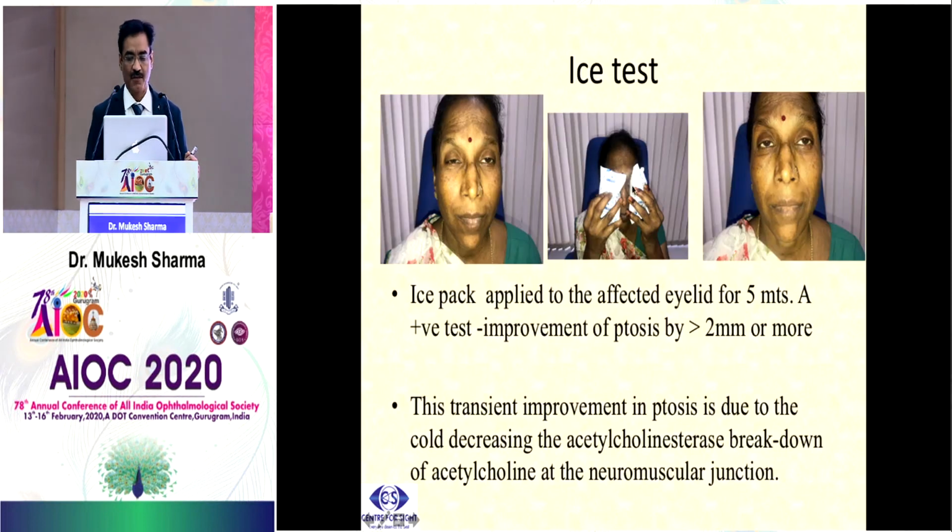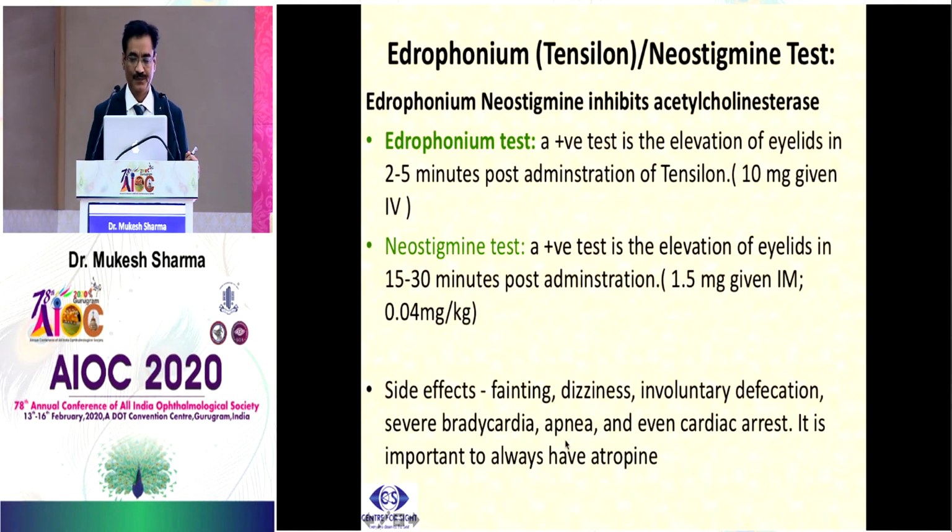Ice test is a very simple test. You apply ice packs and check the lid lift after say 5 minutes or so. And in myasthenia, you will have improvement in ptosis after applying ice packs. This is because the breakdown of acetylcholine by acetylcholinesterase decreases because of the cold.